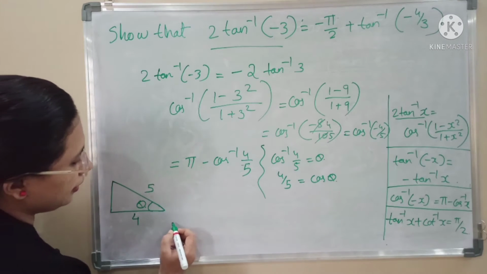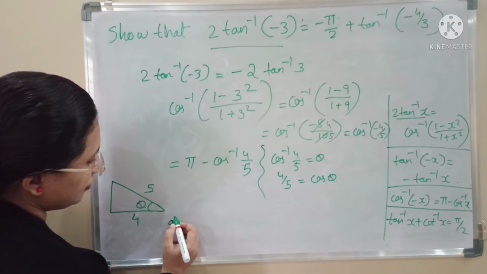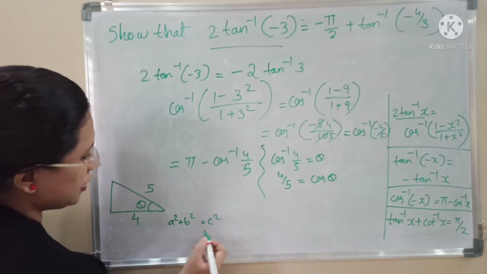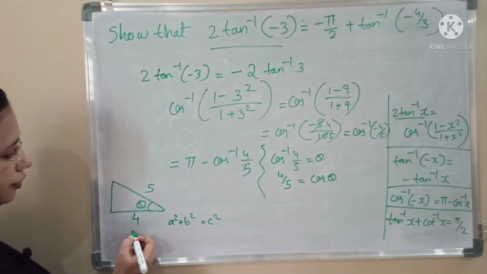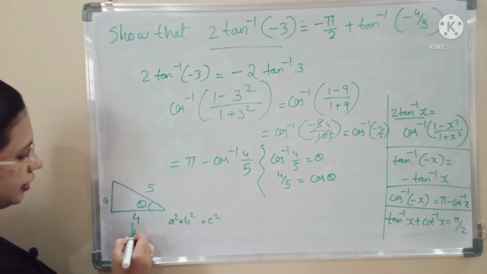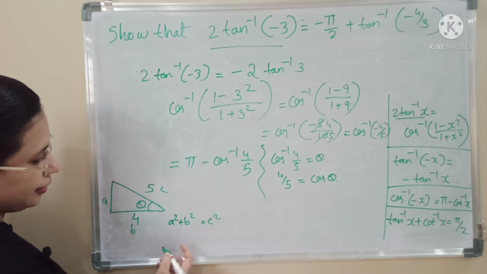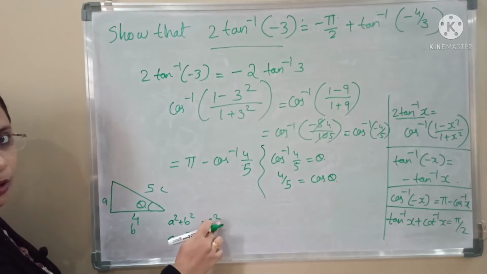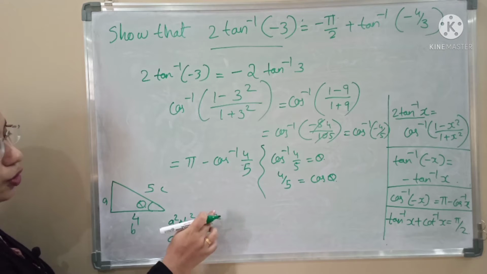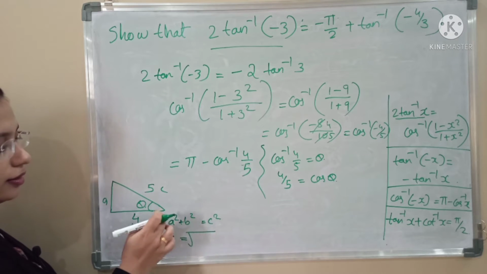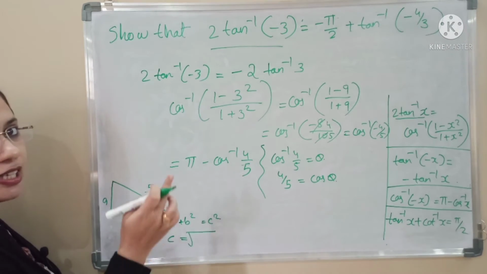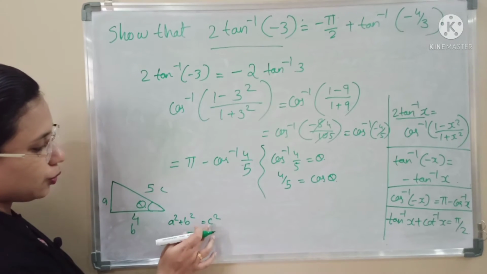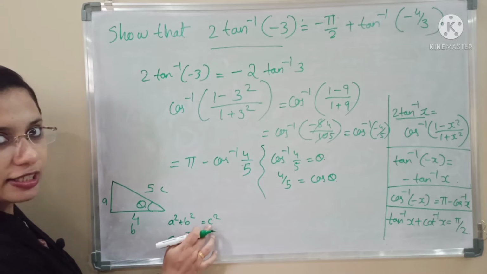For a right angle triangle, how can we get the third side? We have the formula a square plus b square equals c square, right? If we consider this as a, this is b, this is c, then c square equals a square plus b square.